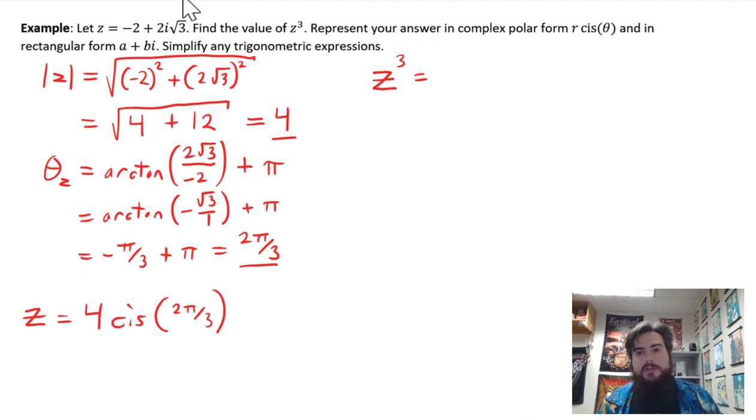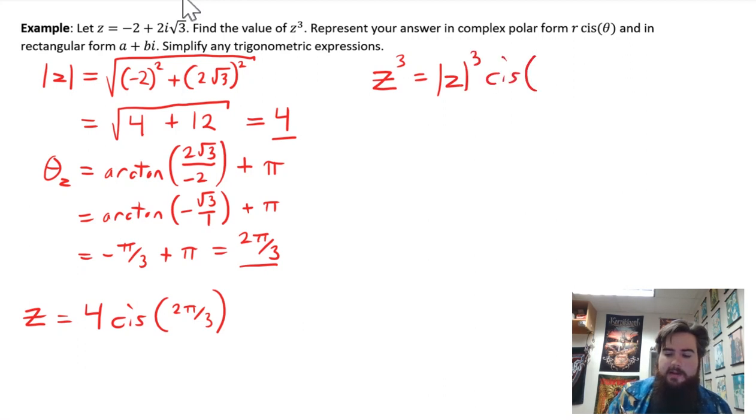But in order to apply the power rule or de Moivre's theorem to this, if we're taking a complex number to a power, de Moivre's theorem says take the modulus to that power, and then multiply your angle measure by that power.